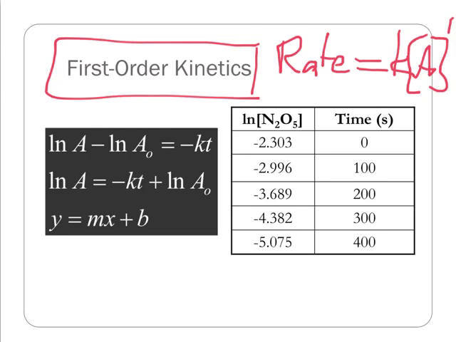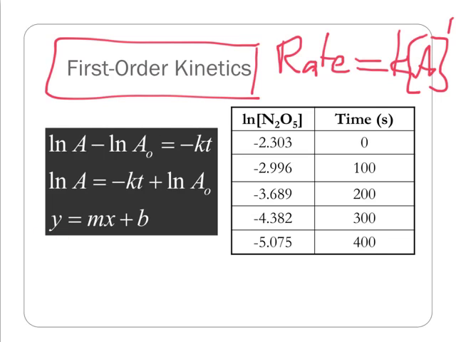Now you remember from 2 slides ago, we eventually derived using calculus this equation here, that the natural log of A minus the natural log of A0 equals negative kt. With a little bit of rearranging, I can get this equation here, simply by moving ln A0 over to the right-hand side of the equality. And then if you squint at this, you can see that this middle equation is actually a y equals mx plus b.